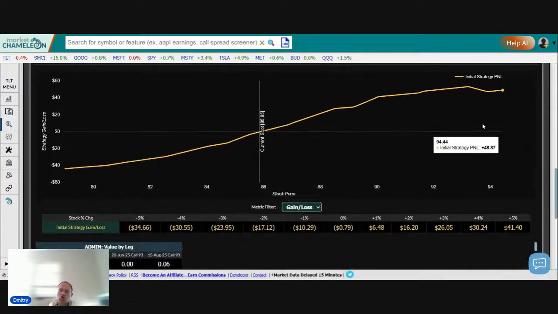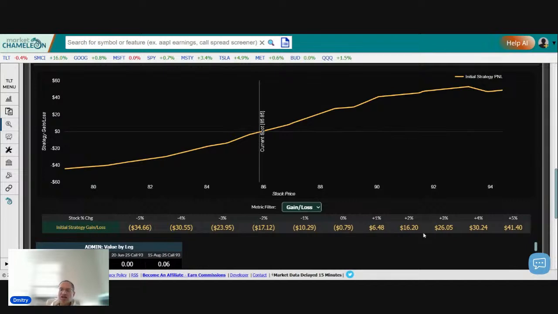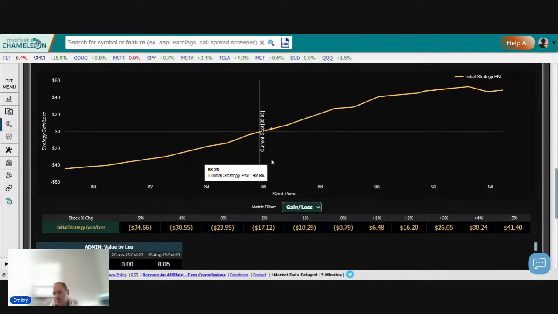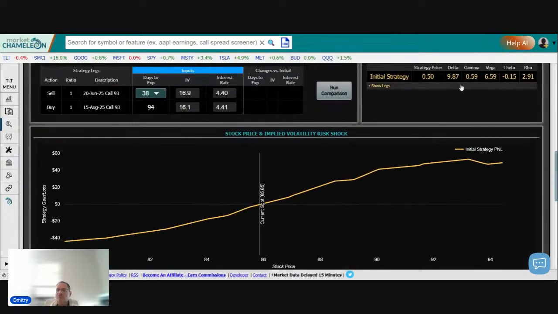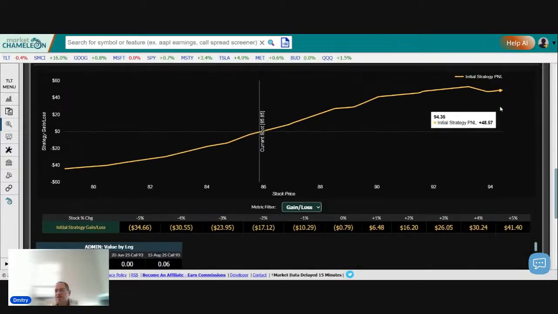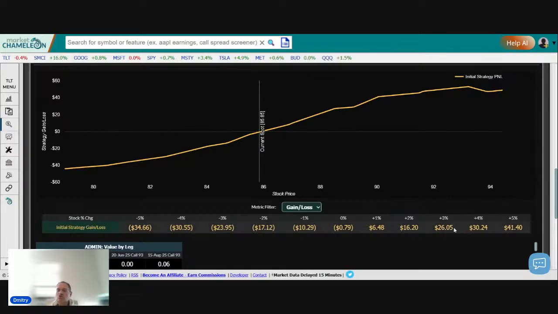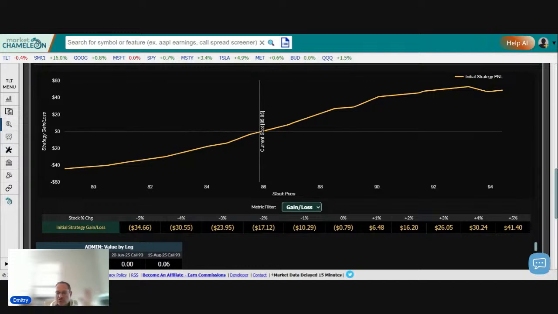And if we wanted to see a chart of what this looks like if nothing else changes and just the stock moves, so the implied volatility is the same, we could see that to the downside you're losing, you have a positive delta, and to the upside, you're making. So it's up 1%, 2%, 3%. This is your expected gain or loss from your original price.